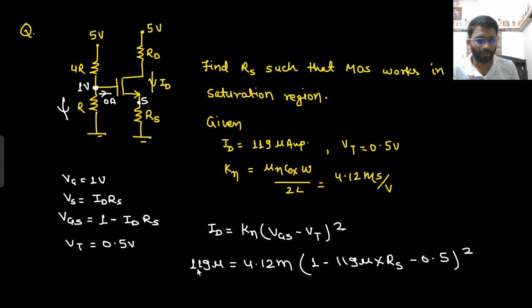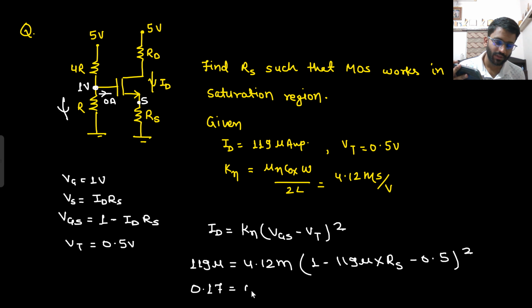So 119 micro in milli, what will that be? 0.119 milli divided by 4.12 milli. Milli and milli got cancelled. Then I will take the square root. So here I am getting 0.169. So 0.17 I can write.